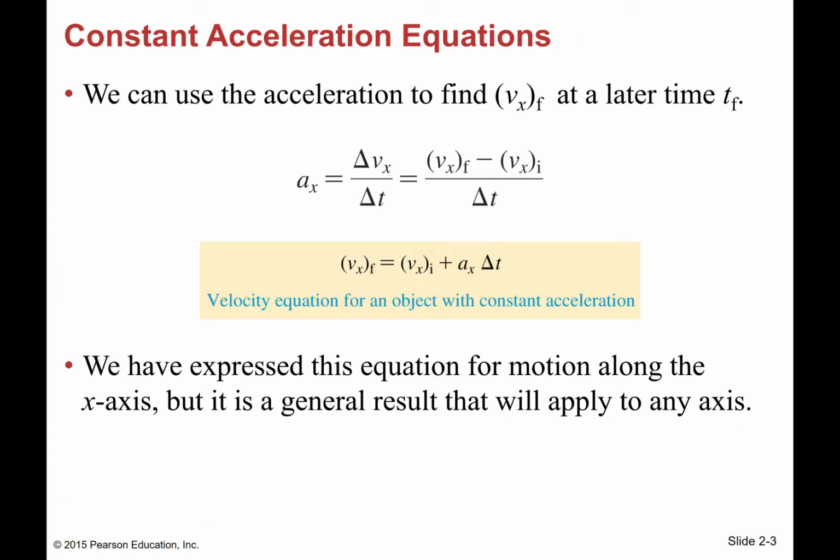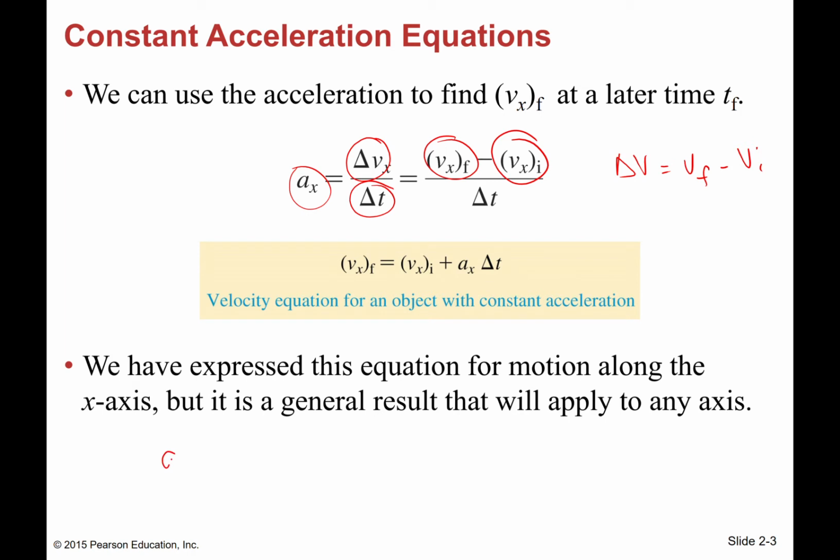So let's do some algebraic manipulation here. Remember the definition of acceleration, which is delta V over delta T. But delta V is final velocity minus initial velocity. So delta V, remember, is Vf minus Vi, right? Now we can rearrange this equation.